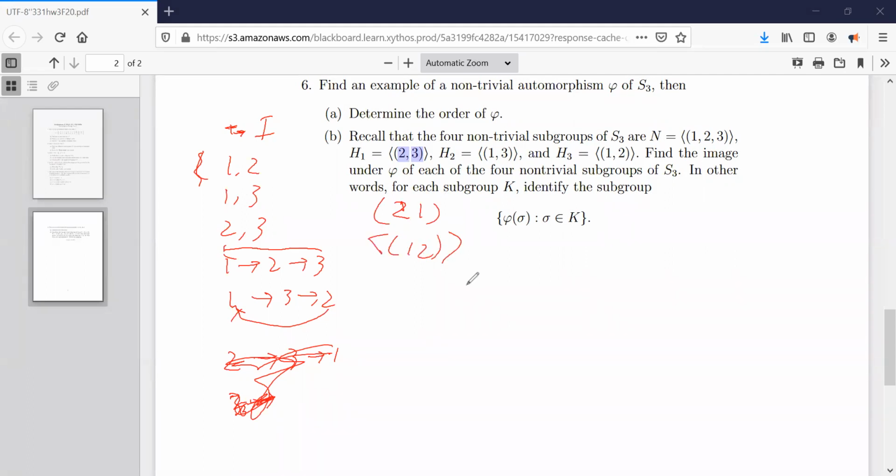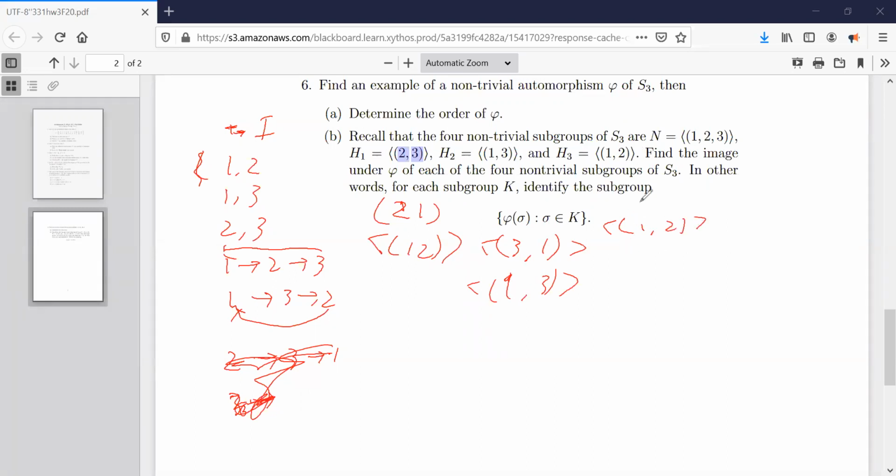Here, I would actually just get back to 3, 1, which is just itself. Here, I would have 1, 2.